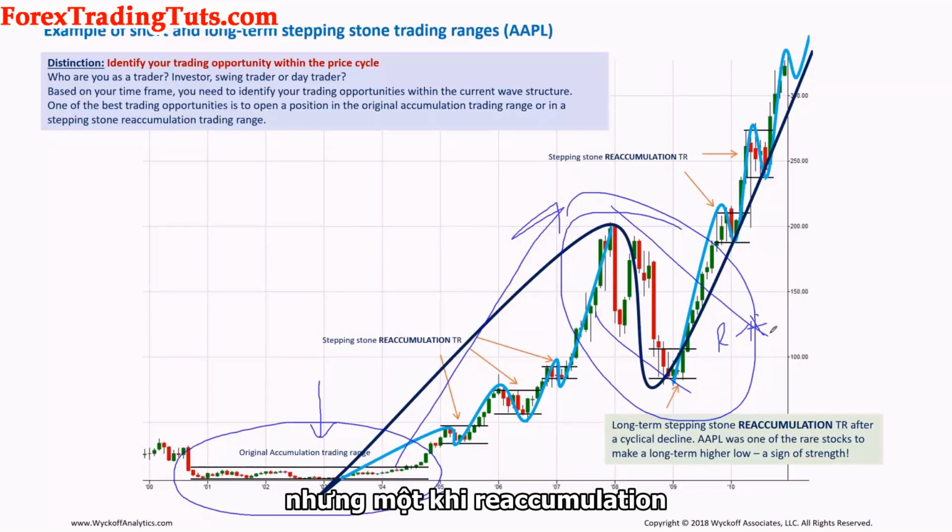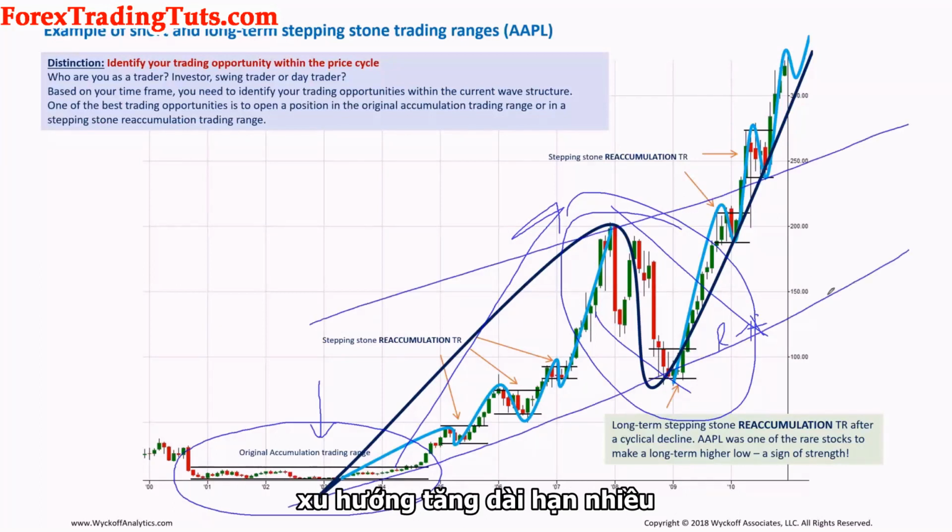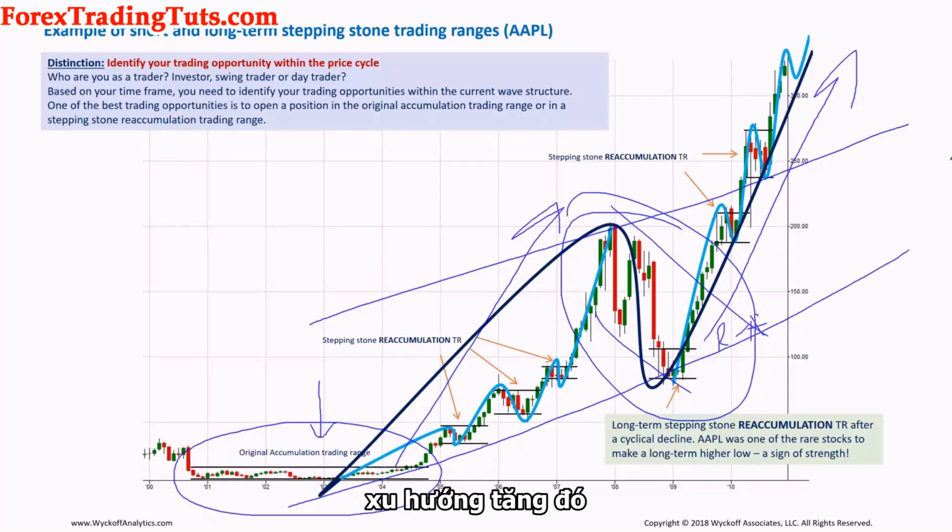But once the reaccumulation has concluded and run its course, then we're going to resume an uptrend, which now becomes a very much long-term uptrend.